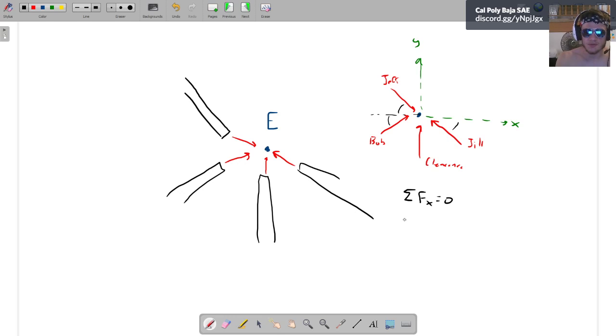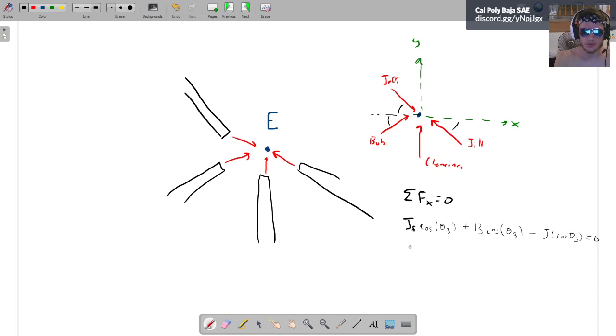So, this is going to be Jeff times the cosine of angle Jeff plus Bob times the cosine of angle Bob minus Jill times the cosine of angle Jill equals 0. All right, seems like a decent equation.